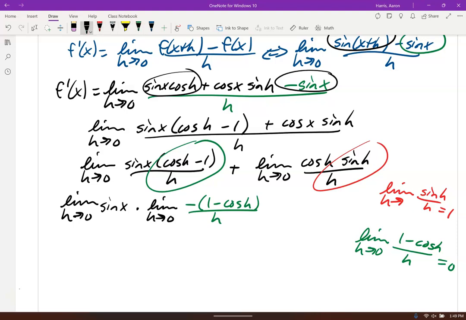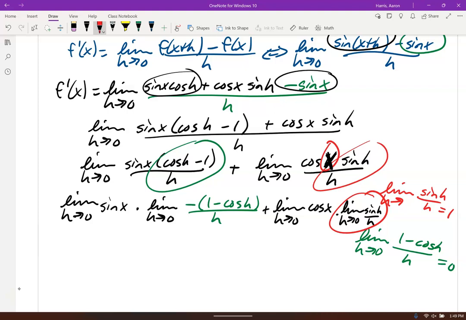And then over here, I have the limit as h goes to 0 of the cosine, whoops, I'm sorry, that right there is supposed to be an x. My apologies. That's cosine of x. Make that an x right there. Times the limit as h goes to 0 of sine h over h.